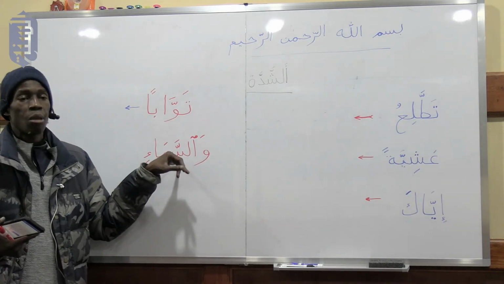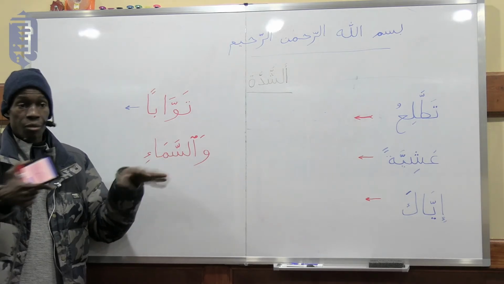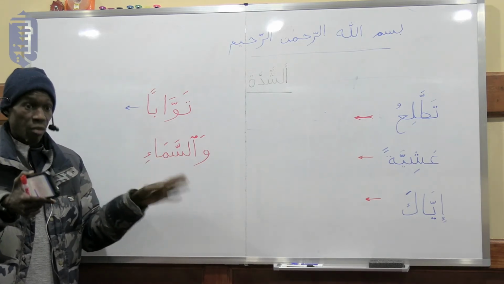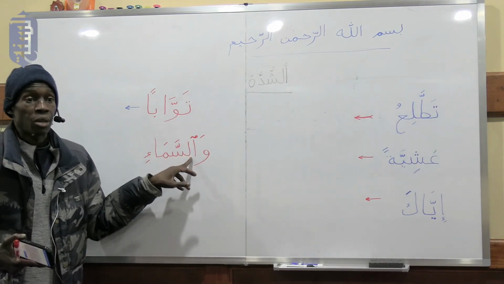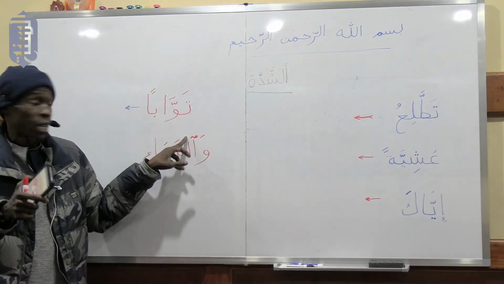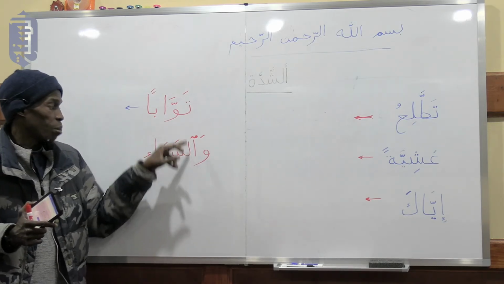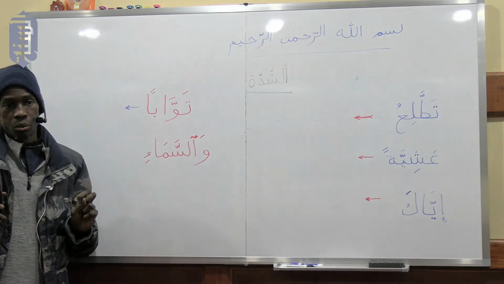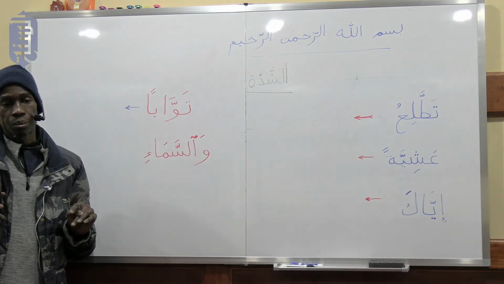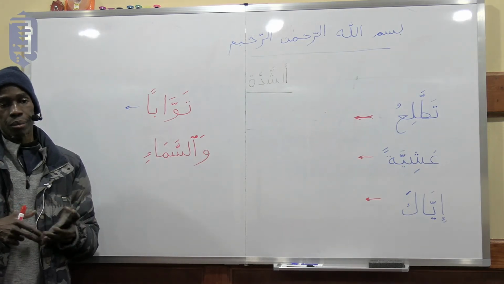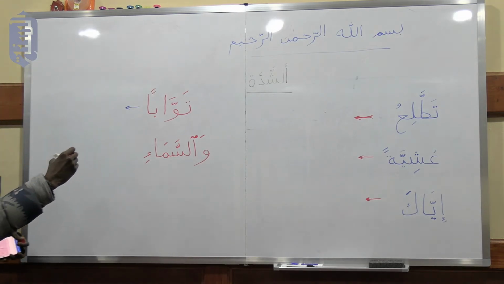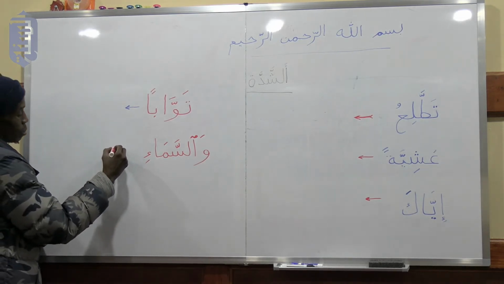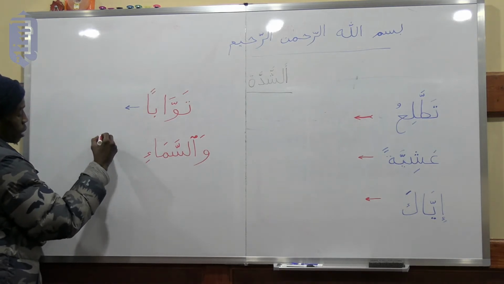I'm just giving you a rough idea of how it will be. You would then pronounce the lam that has a sukun. In the case of a moon letter, you will have to pronounce the lam that has a sukun. Good question, though.